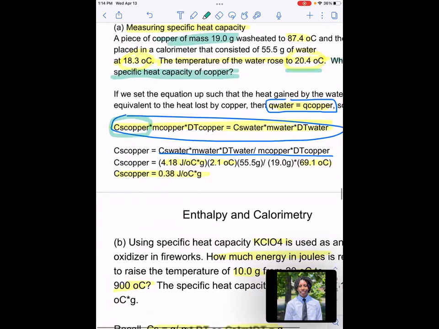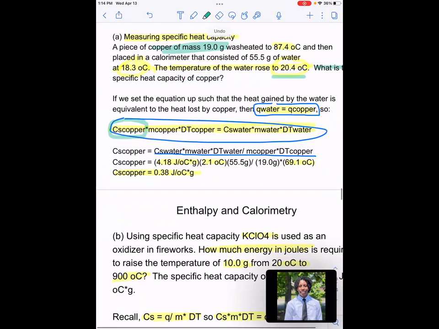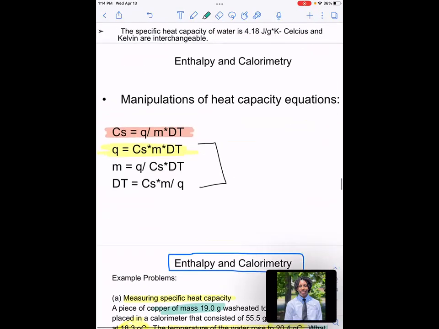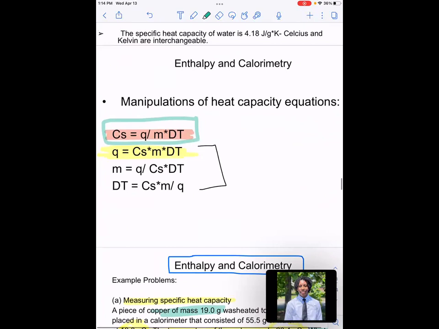Just by manipulating it. So basically, if you recall the equation from up here, this is the equation for specific heat, Q divided by mass times change in temperature. So if you're looking for Q, then you use this equation here, right?